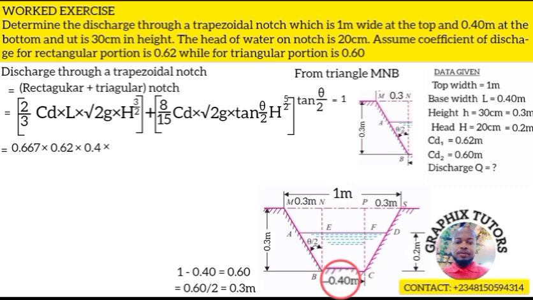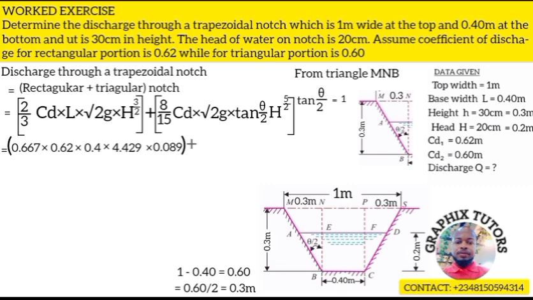Multiply by square root of 2 times gravity, which is 9.81, multiplied by the head, which is 0.2, raised to power 3 over 2, which is 1.5. And 0.2 raised to power 1.5 is 0.089, while the square root of 2 times 9.81 is 19.62, and square root of 19.62 is going to give us 4.429.